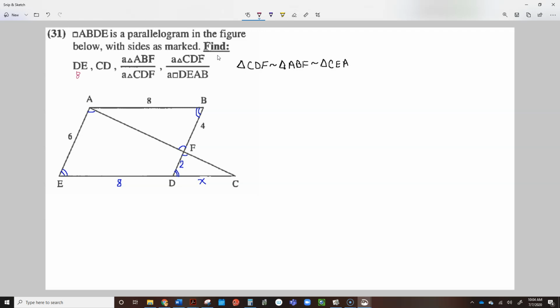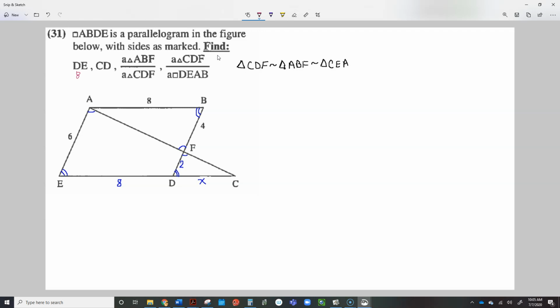So, I had to find similar triangles, and I used vertical angles right here and alternate interior angles to get CDF similar to ABF.